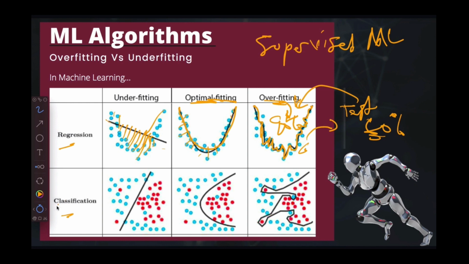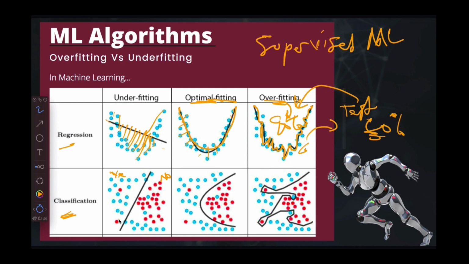Now if you consider classification, what we do is try to separate points. Either the customer will pay back the loan or not, so it's going to be yes or no. Let's say the blue points represent yes and the red points represent no. What we try to do is separate the yeses from the nos as much as possible.